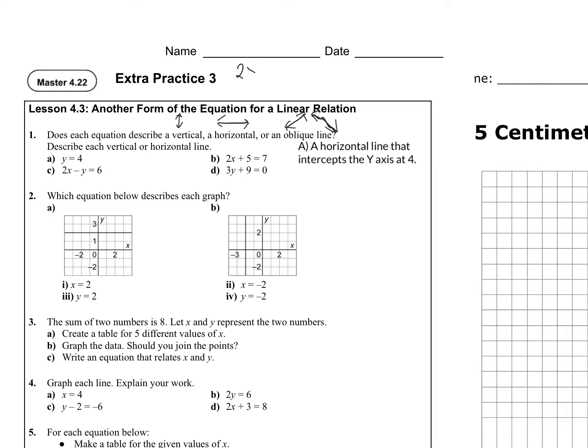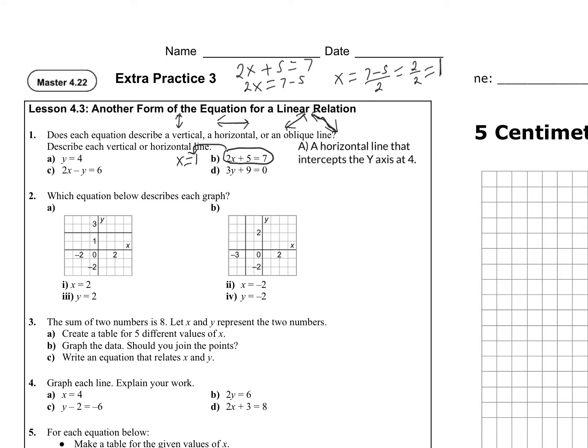If I have 2x plus 5 equals 7, that's going to be 2x equals 7 take away 5, which is going to leave me with x equals 7 take away 5 divided by 2, which is 2 divided by 2, which just equals 1. So x equals 1. So for B, I can rewrite this equation as x equals 1. That's what it all works out to be.